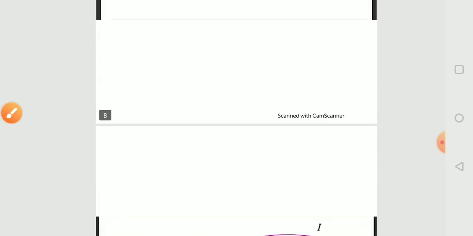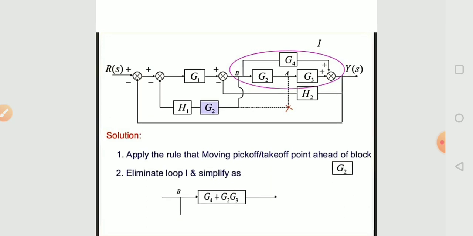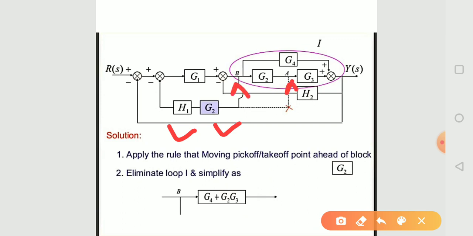So we see that in this feedback H1 the gain G2 is multiplied because we take this point ahead of the G2 block.